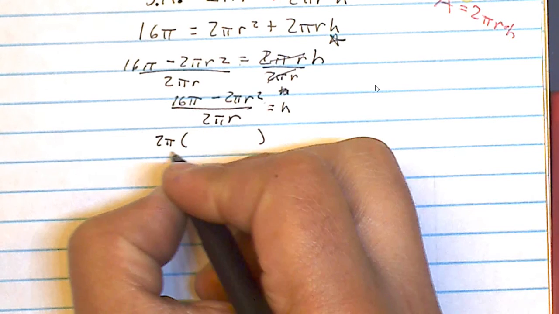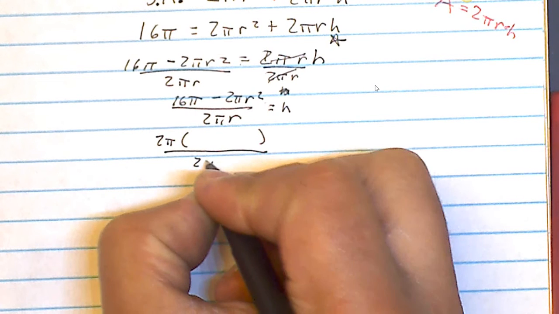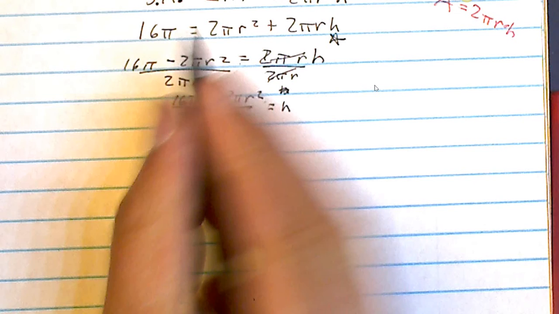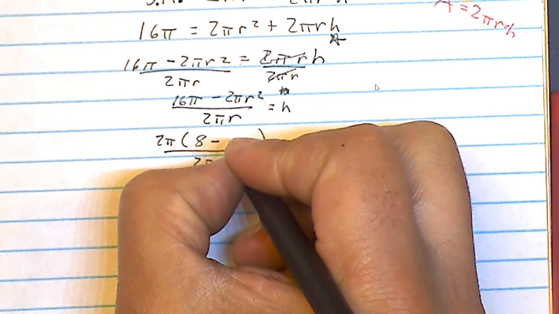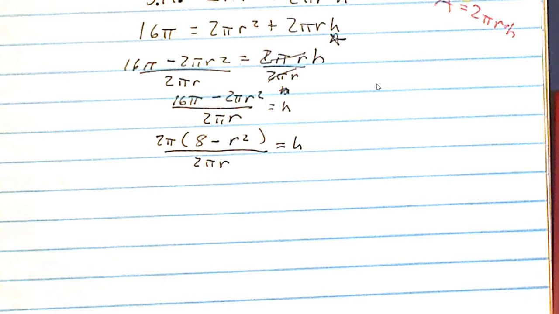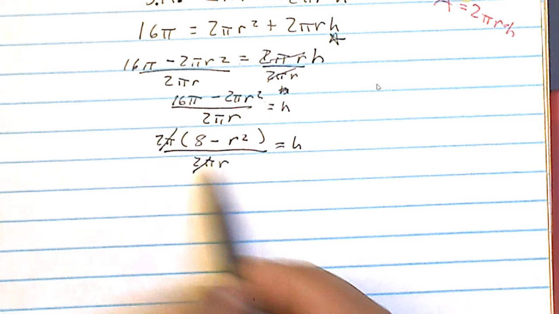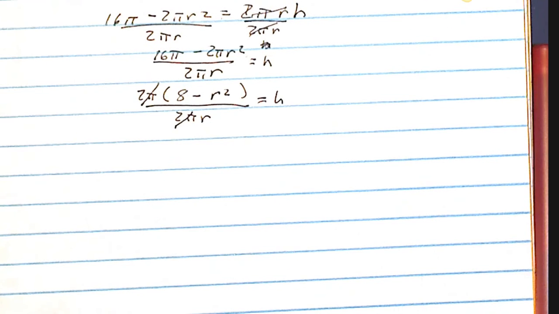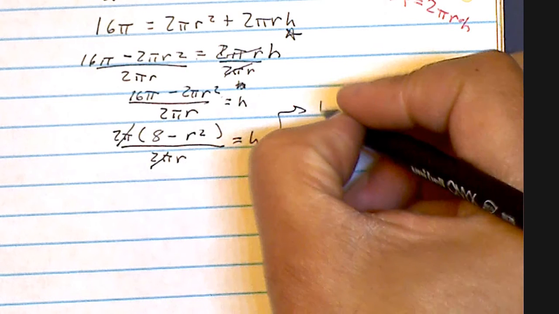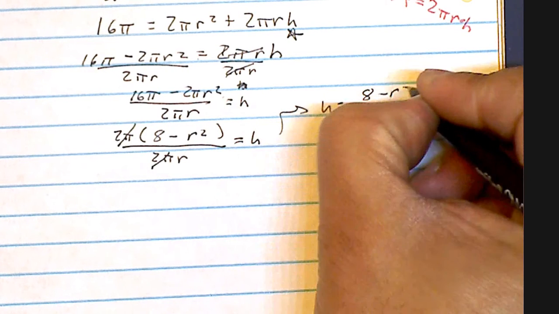So, what's left? 8 minus r squared. Yes. I like to make noises when I simplify. Alright, so h is equal to 8 minus r squared over r.